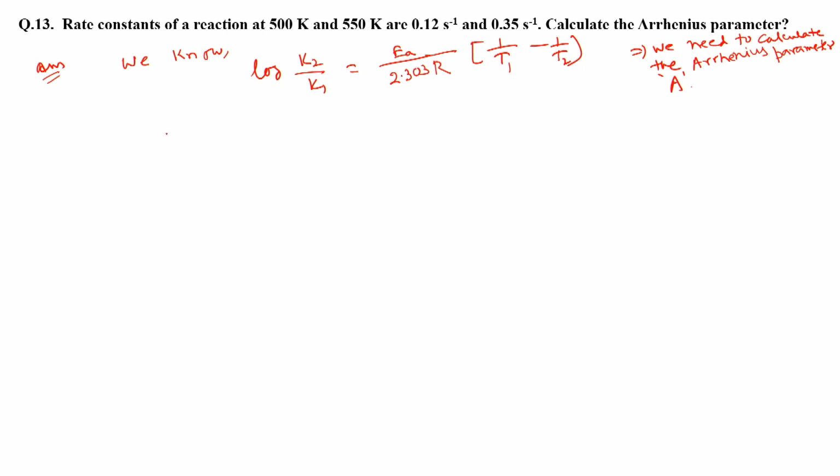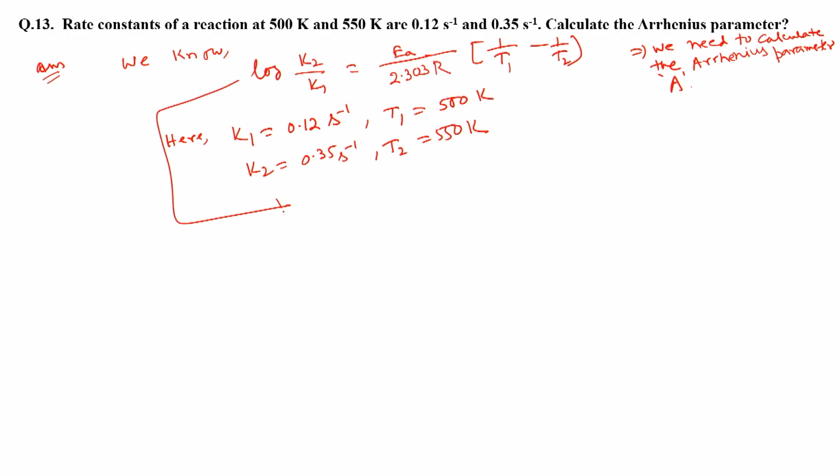Here K1 is given, K1 is 0.12 second inverse, and temperature T1 is also given, 500 Kelvin. K2 is also given, 0.35 second inverse, and T2 is 550 Kelvin.